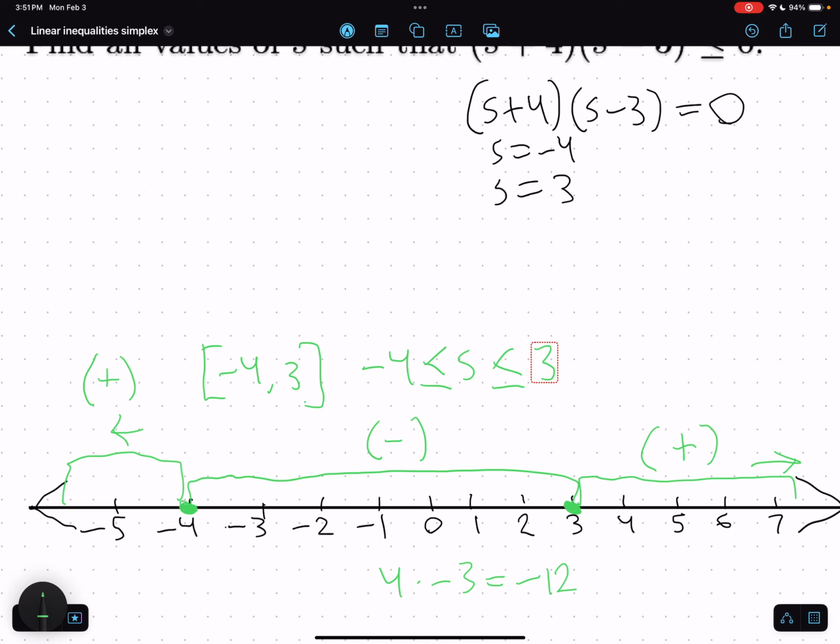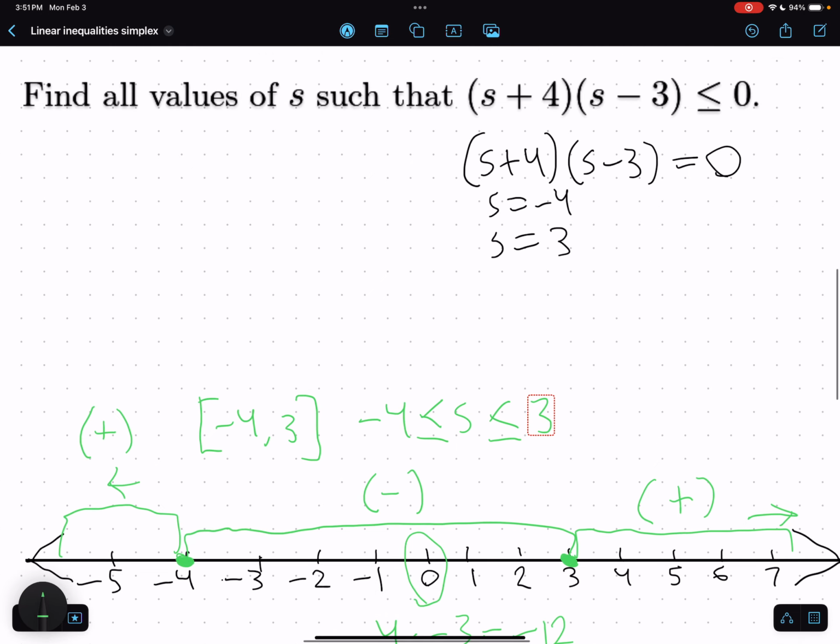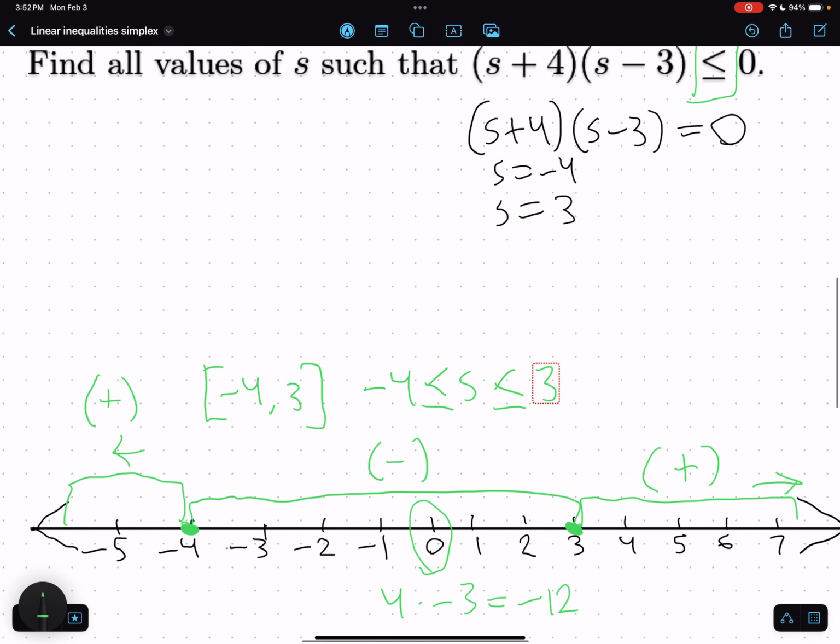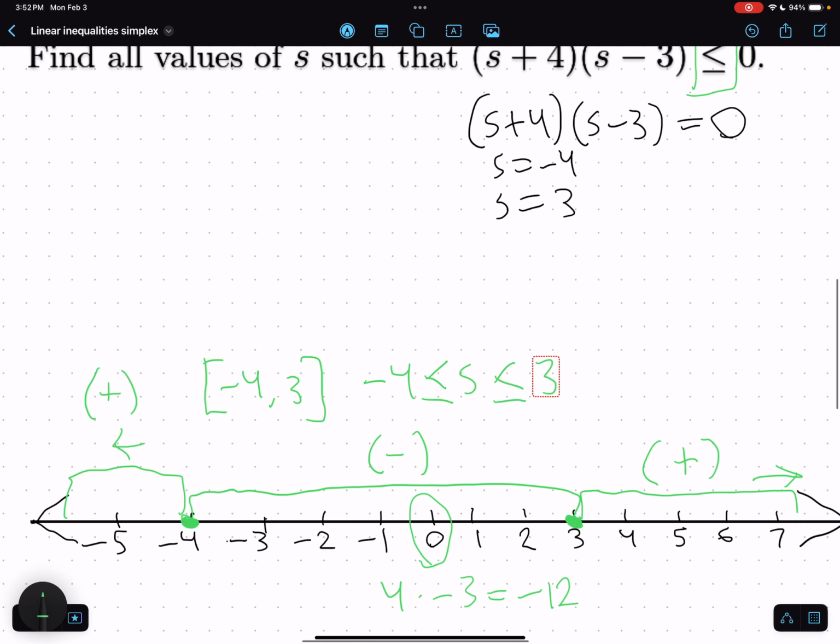So it's going to be only this negative region here, because we only want the negative values. And this region also includes the 0, which we want because this is a less than or equal to. So you can see we choose the negative region here, because everything less than or equal to 0 is going to be negative, of course, or 0. So that's why we choose this negative region here, which encompasses the negative 4 and 3 points.